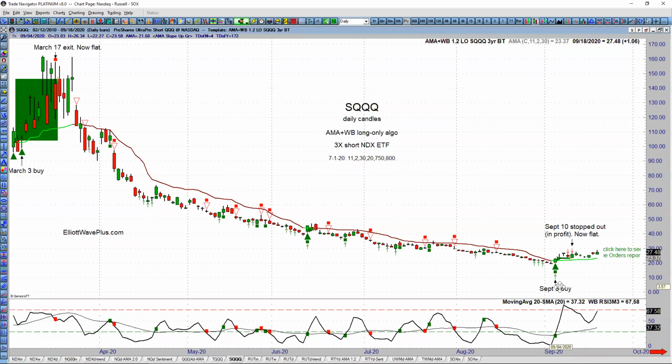And the buy signal we got on the bearish 3 times short NDX ETF called SQQQ, which suggested getting short the Nasdaq on September 3rd, was stopped out in profit because it was trailing the stop on September 10 for a small winner, and it's currently flat.